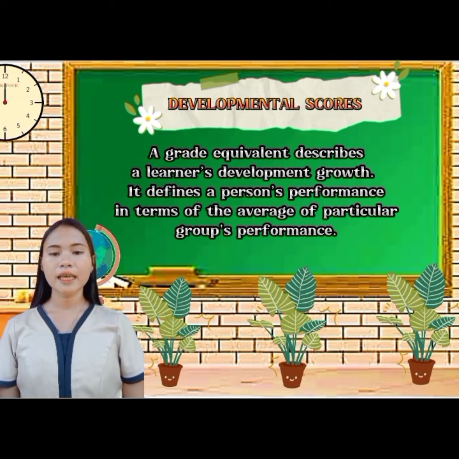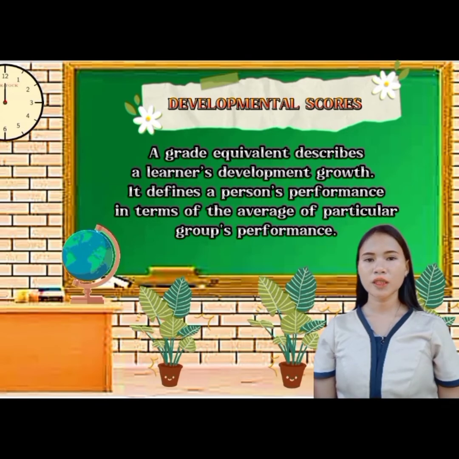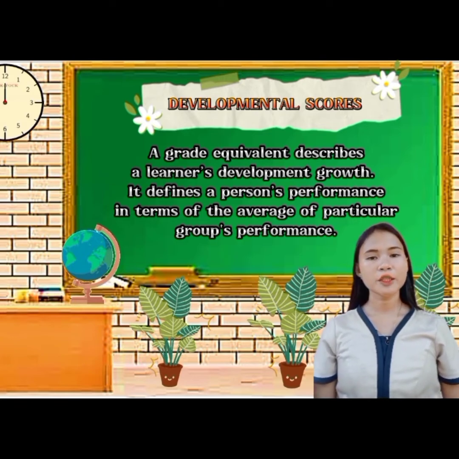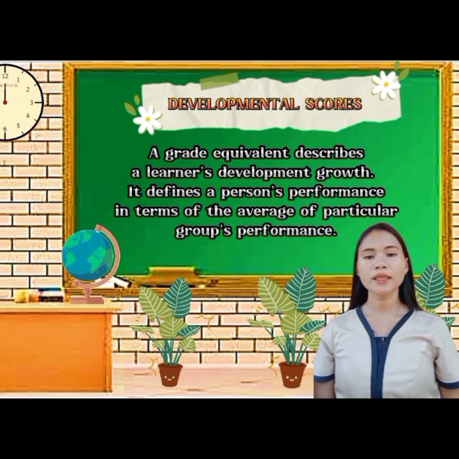It gives a picture as to where he or she is on an achievement continuum. It is also called a grade equivalent because it uses grades of school. So let's say, for example, first grade, third grade, fourth grade, and so on. So it is a measurement of a student's advancement.